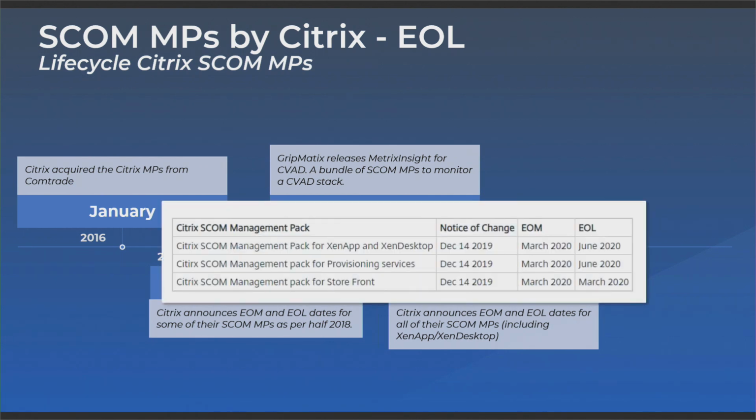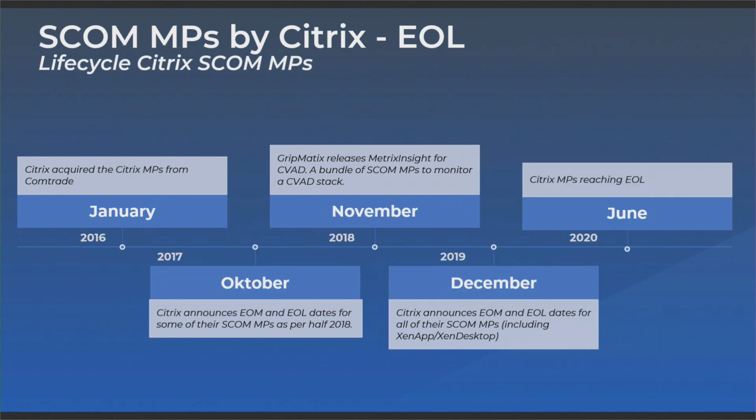That was pretty disappointing, I can imagine, for all those customers that, especially for the SCOM management pack, upgraded their licensing to the premium licenses. June is actually nearing pretty fast. It's actually next month. And then, Citrix will definitely stop developing and supporting their management packs.